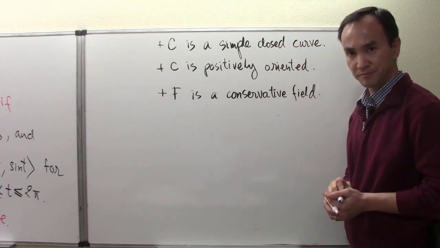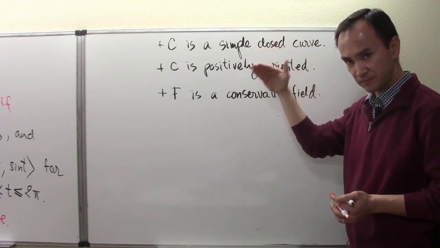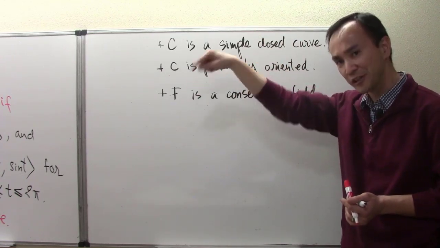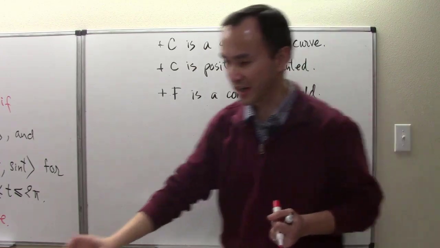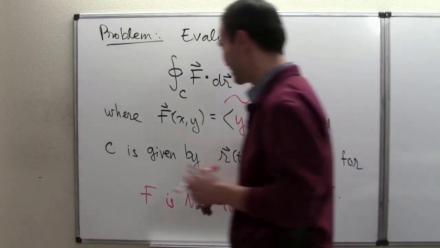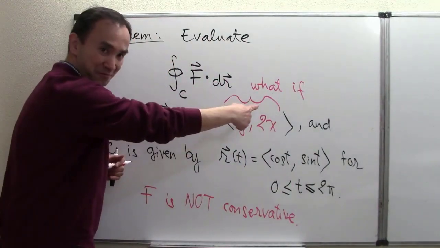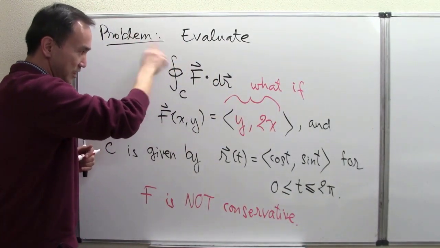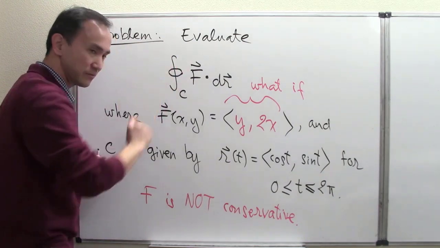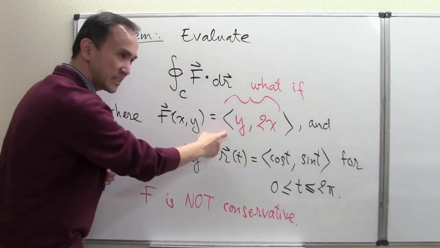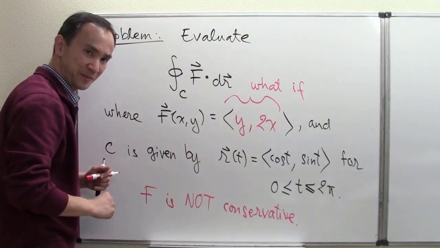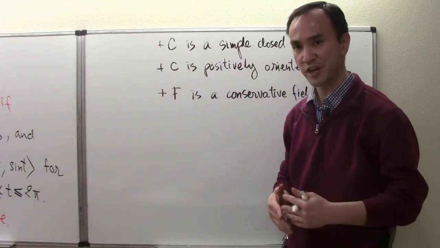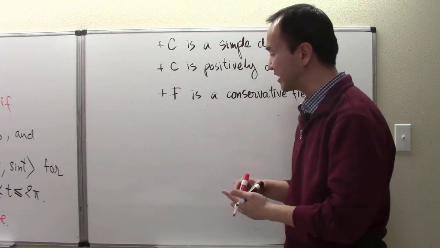All right. So that was the list of 3 important characteristics I've listed down when we were solving that earlier problem. But now, again, I've talked about what if the vector field itself right here, it's a nice simple closed curve going positively oriented, but what if the vector field is not conservative? Think about it as a larger generality out there.